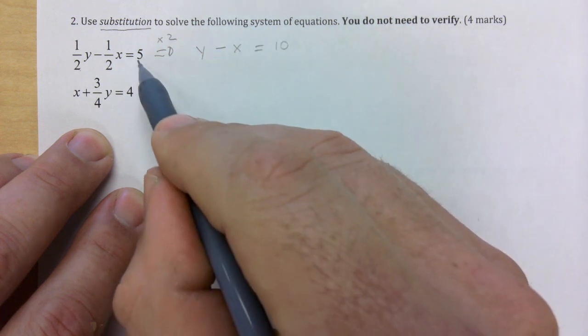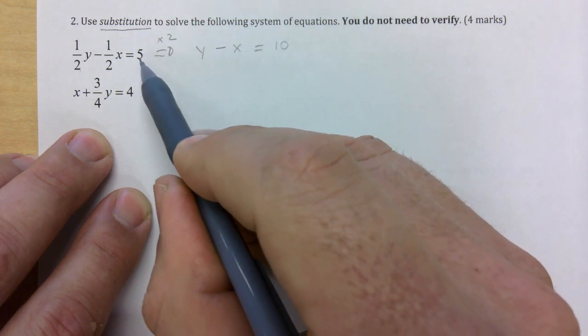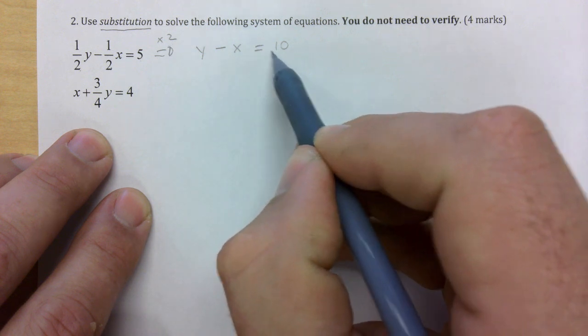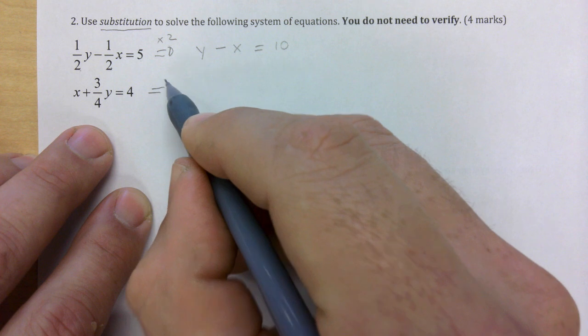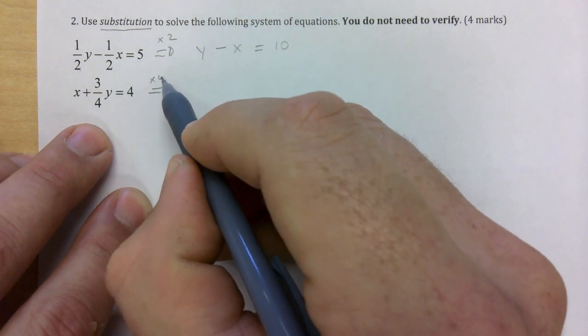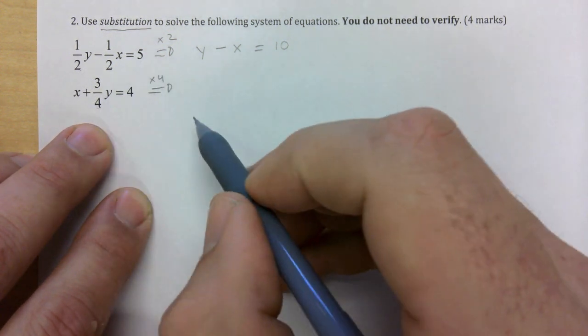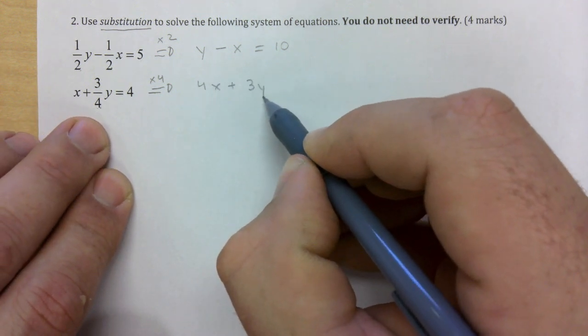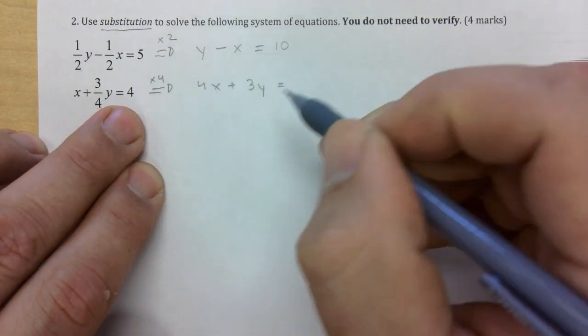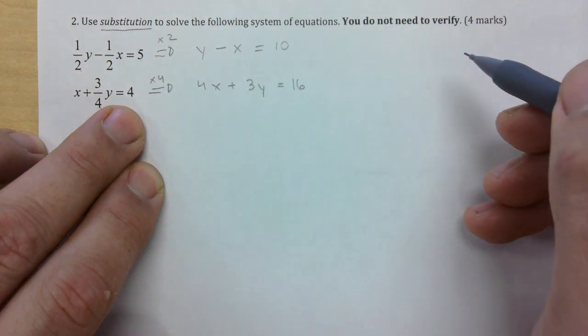Some of you forgot to multiply that constant by 2 also, so this is what you get. And this one here, I would multiply by 4 because that's the only denominator, so you get 4x plus 3y is equal to 4 times 4, which is 16.